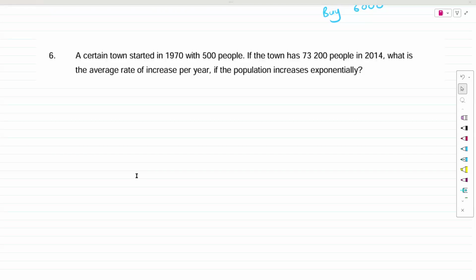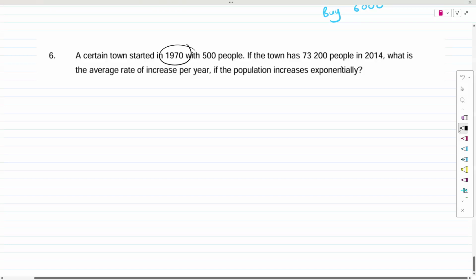Okay, guys, question 6 says a certain town started in 1970 with 500 people. If the town has 73,200 people in 2014, what is the average rate of increase per year? This one is quite simple already without even looking at it.